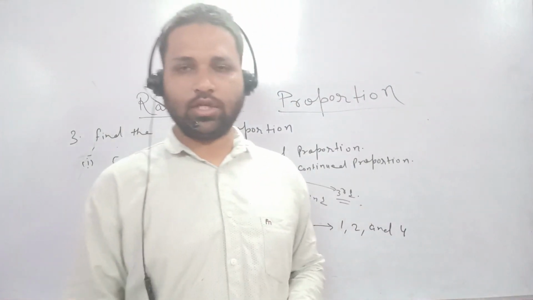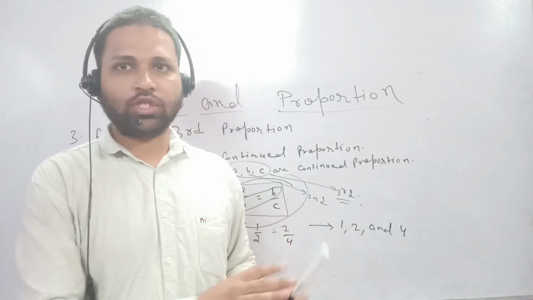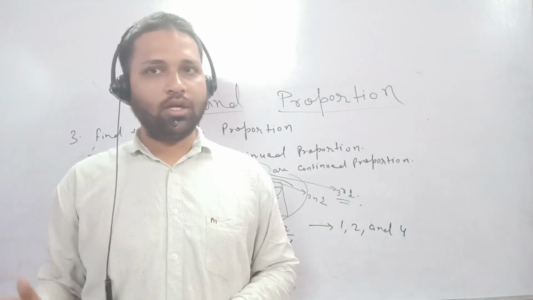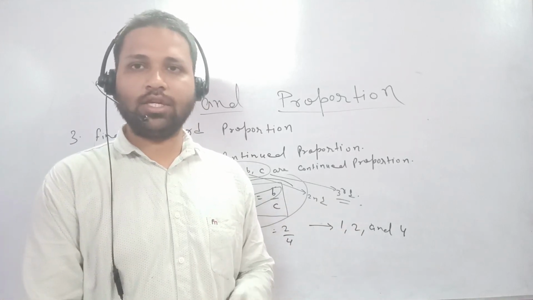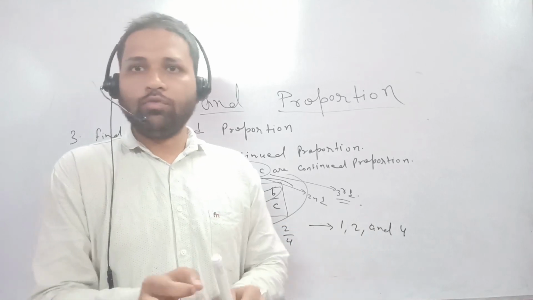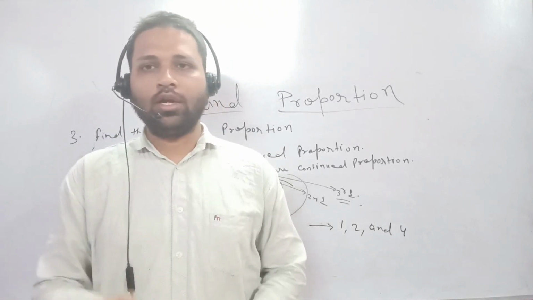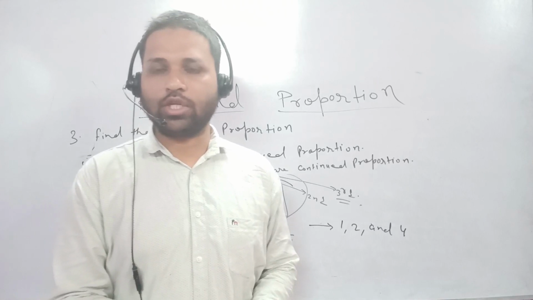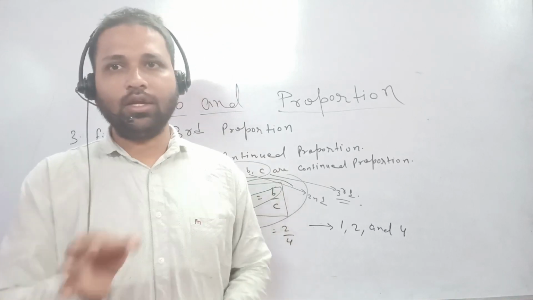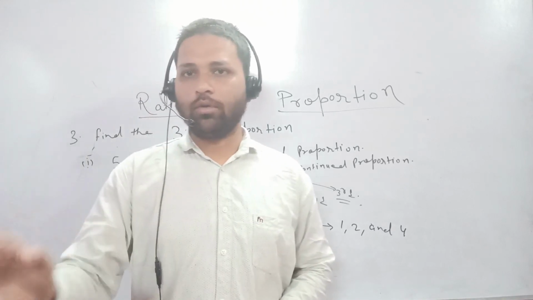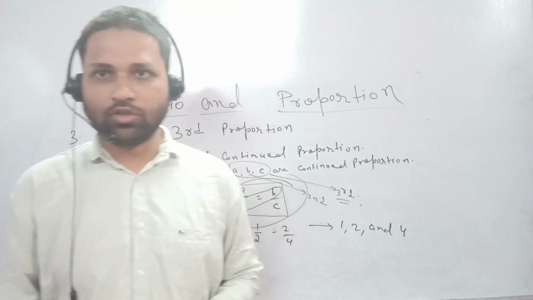There are these two conditions. If you see in any question A by B is equal to B by C, then you can directly say it is the continued proportion. If it is written anywhere that A, B, C are in continued proportion, then you write directly A by B is equal to B by C. Understood?